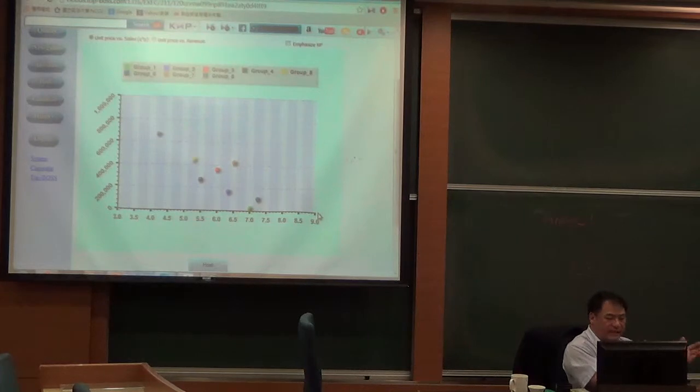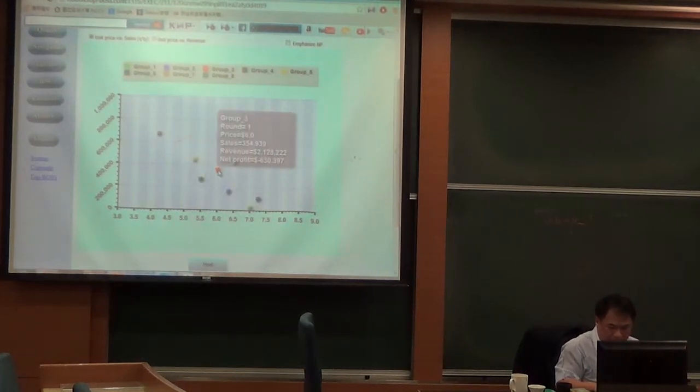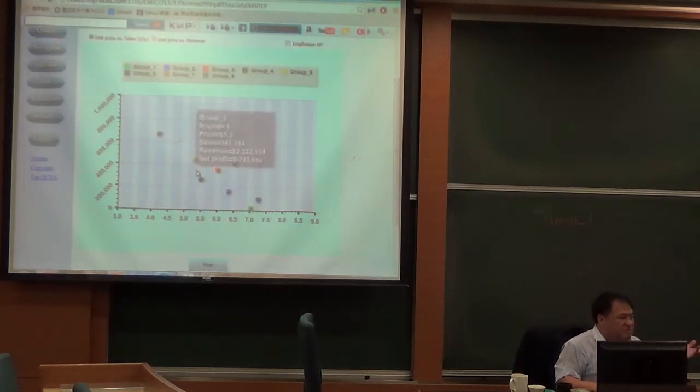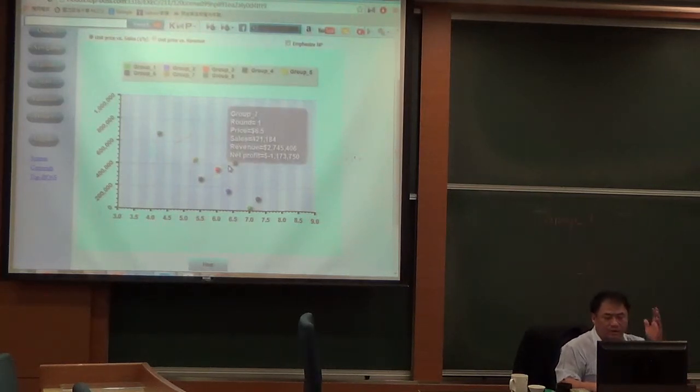But my question is, you see these companies? Yellow one, red one, and the brown one. They are all selling around 400,000 units, right? But how come the price is different? The sales quantity is around the same, but some can only sell below 5.5, some can sell over $6, and some can sell up to 6.9 with the same sales quantity.